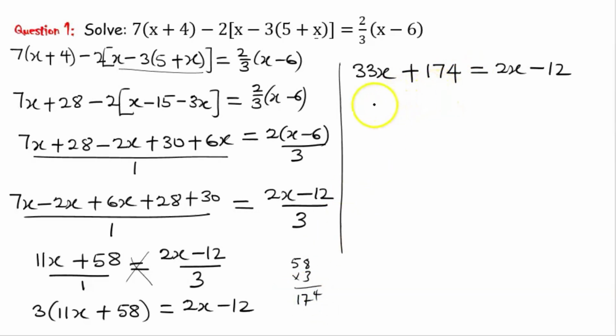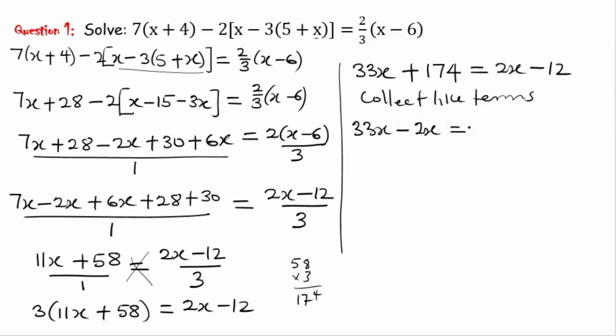Then what do we do next? We simply collect like terms. When we collect the like terms, we are going to have 33x minus 2x is going to give us minus 12 minus 174.